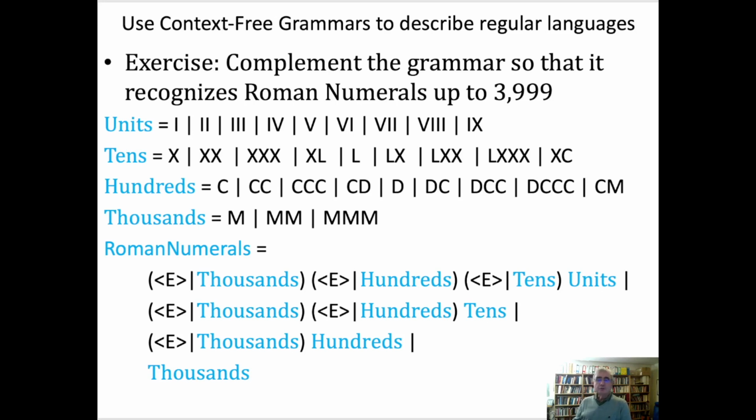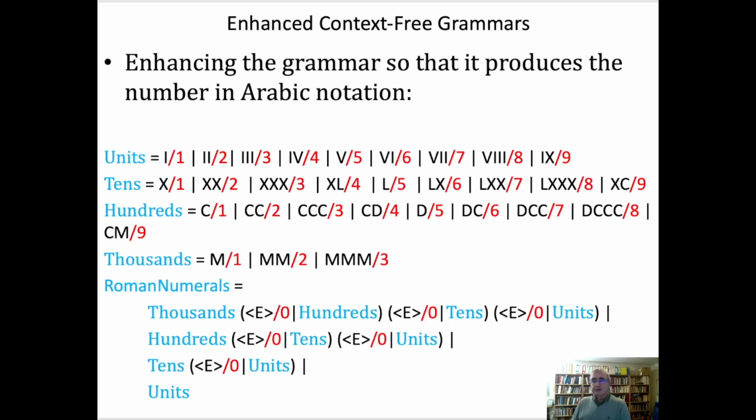Maybe we want to convert these Roman numerals into Arabic notation, and this can be done by using enhanced grammars, which are grammars with an output. So here, if I recognize I, I will produce the Arabic number 1.